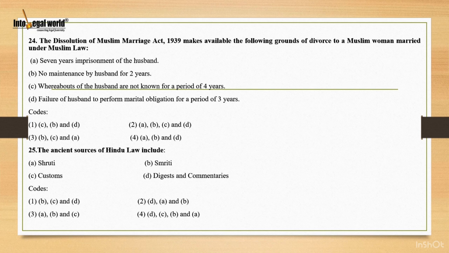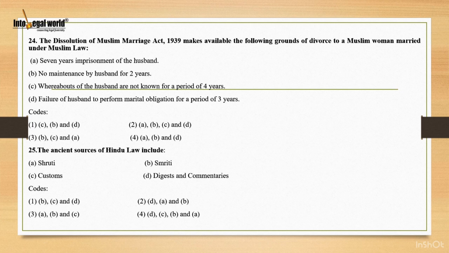Whereabouts of the husband not known for a period of 4 years. Failure of the husband to perform marital obligations for a period of 3 years. So the correct option is option first, C, B and D. These are the grounds for a woman to seek divorce under Muslim law. The correct option is option 1.